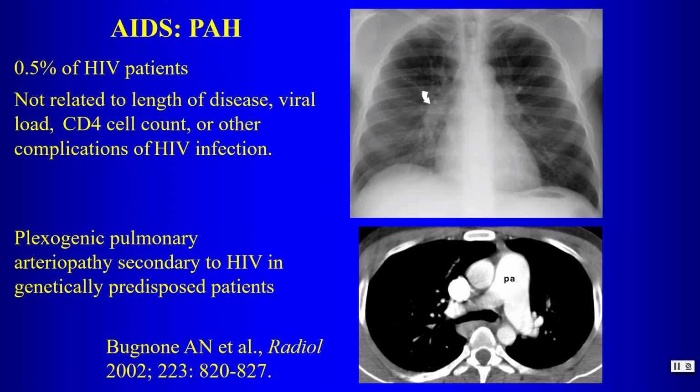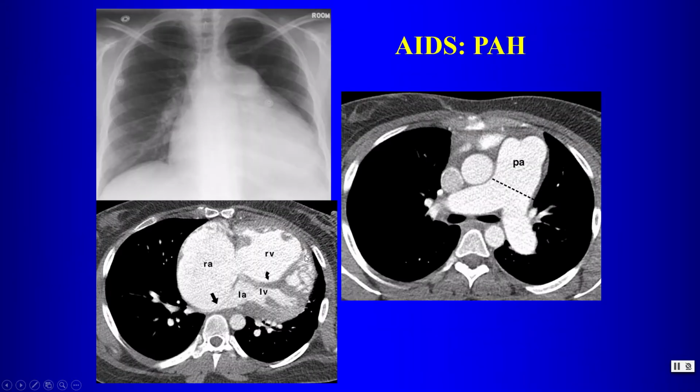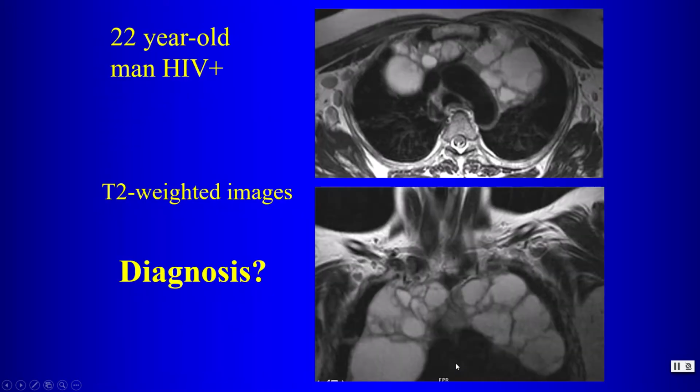Manifestations are just what you would expect: dilated right-sided chambers, right atrium, right ventricular hypertrophy, and this finding of the dilated main and central pulmonary arteries, the usual findings in patients with pulmonary hypertension.